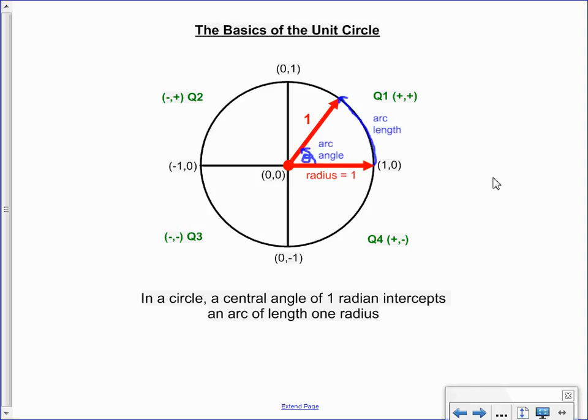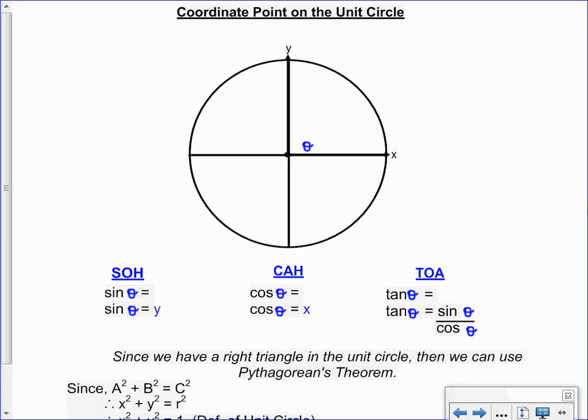That's what that's supposed to look like. Okay. Questions so far? All right. So that's kind of the basics, the foundations.